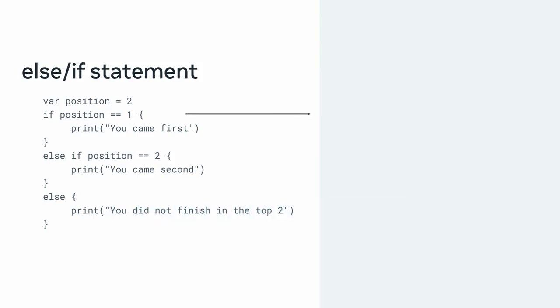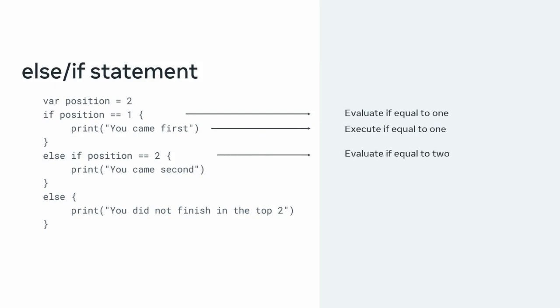Let's cover this in more detail. First, you create an if condition to check if the value stored in the variable position is equal to 1, and if true, print the result. Second, you create an else if condition to check if the value stored in the variable position is equal to 2, and if true, print the result. Finally, you create an else block to execute the code that is not satisfied by the first 2 conditions.